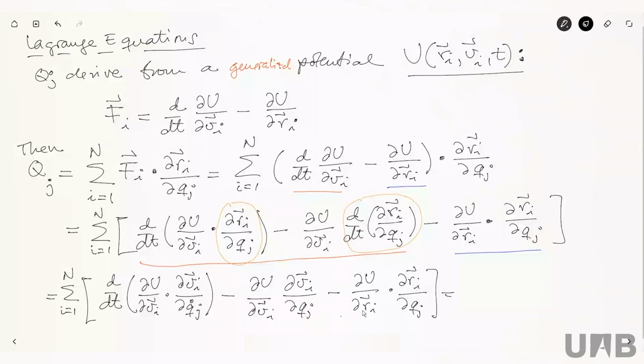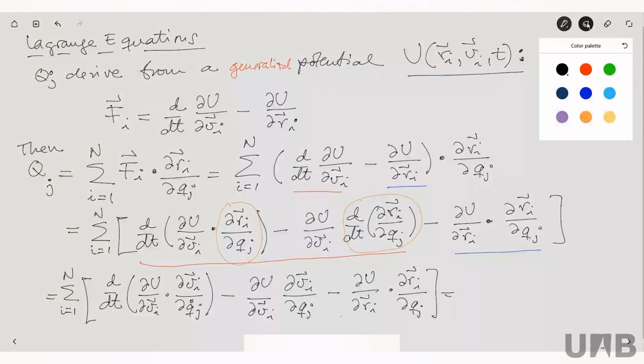Remember what u is. u is this function here. u depends on r, which depends on q and t; u depends on v, the velocity, which depends on q and q dot and t, and then there can be some explicit time dependence.